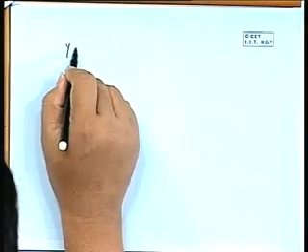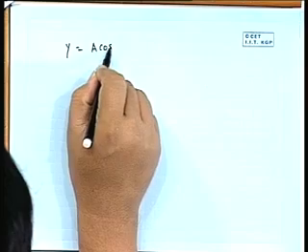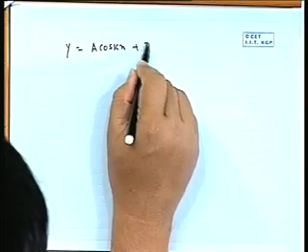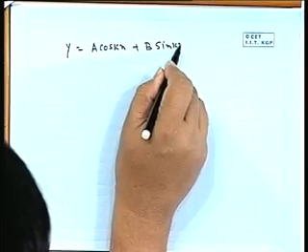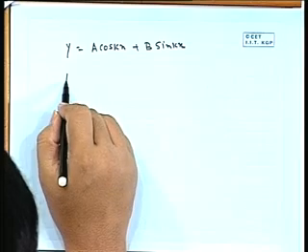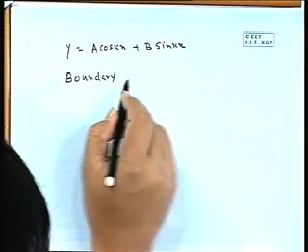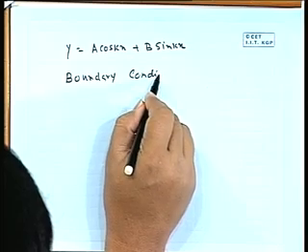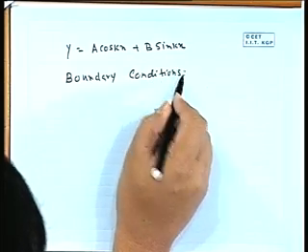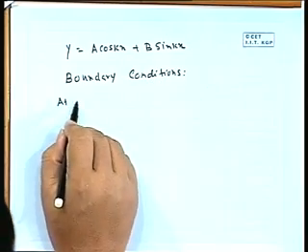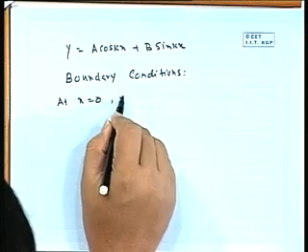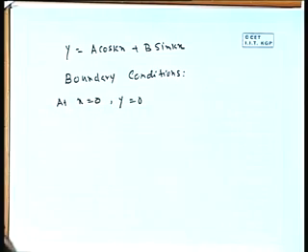So we got y equal to A cos kx plus B sin kx. Now if we put boundary condition, so at x equal to 0, y should be equal to 0.